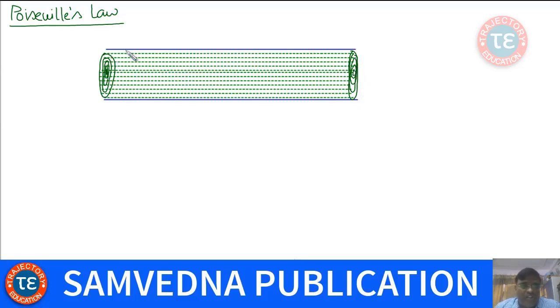The layer which is just near the surface of the tube will remain stationary. The velocity of this layer is going to be 0.